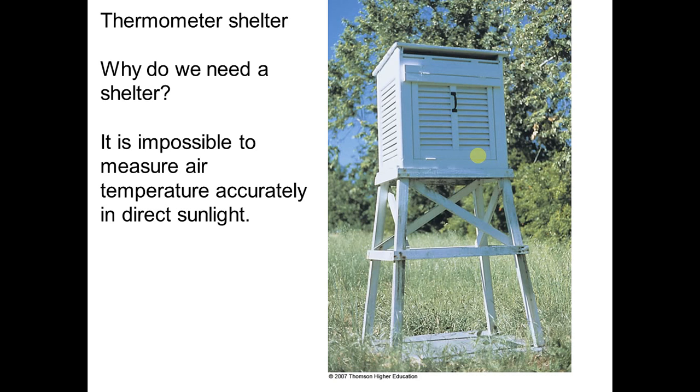Because of the direct absorption of sunlight, the level of the liquid for a liquid thermometer would indicate a temperature much higher than the actual air temperature, right? So a statement saying today's high temperature in the sun will be 100 degrees has very little meaning. It is important to keep a thermometer in a shady place to measure the temperature of the air accurately, right?